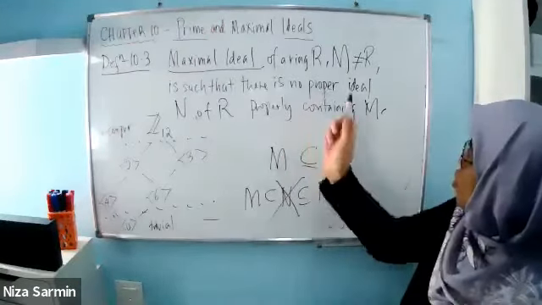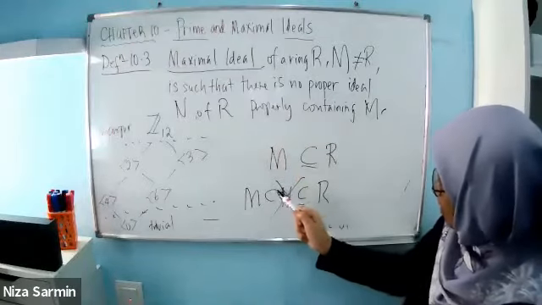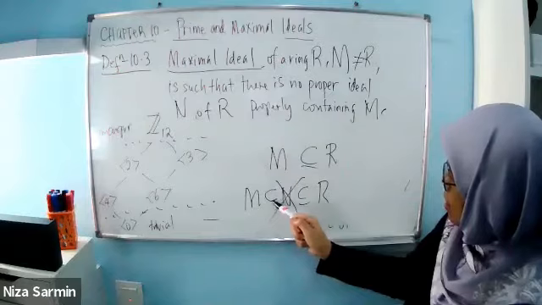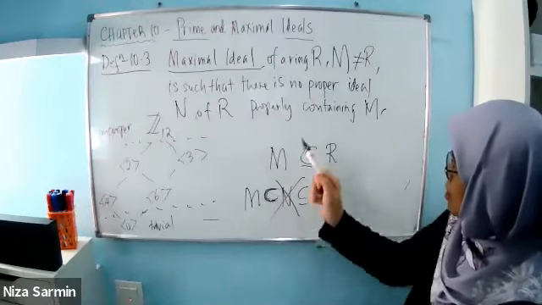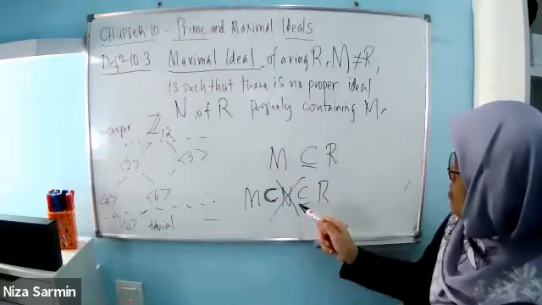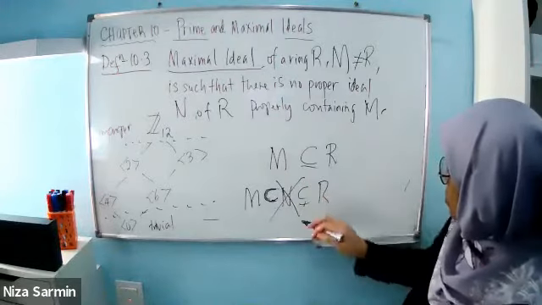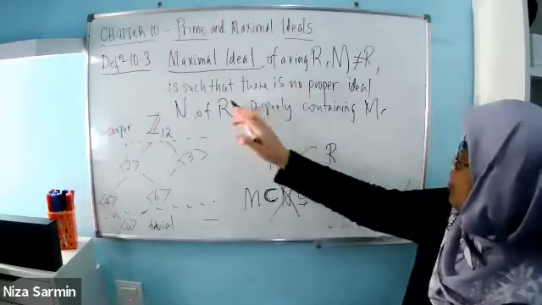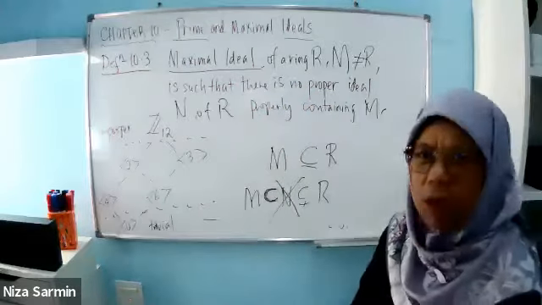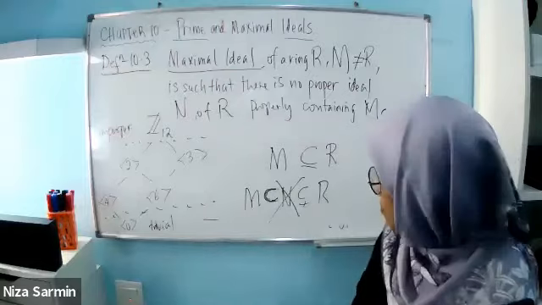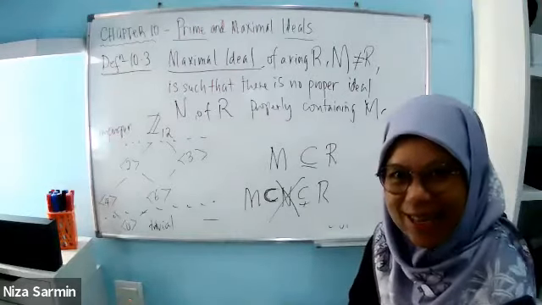So there is no proper ideal N of R properly containing M. I can say it's math proper also, but this is not. So we want proper, right? Because maximal ideal can be the whole ring. You don't want anything in between, okay?